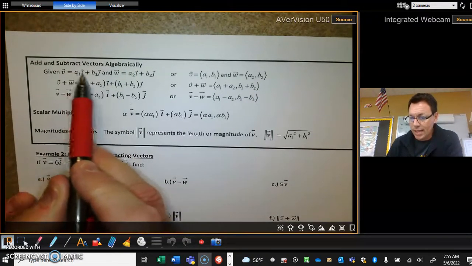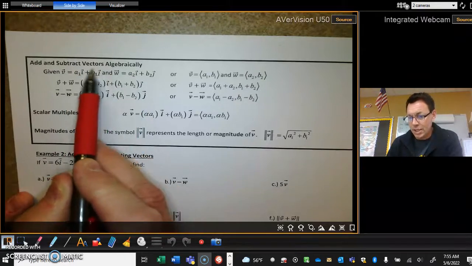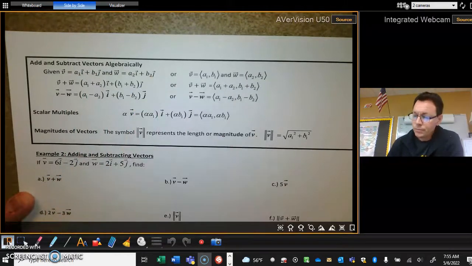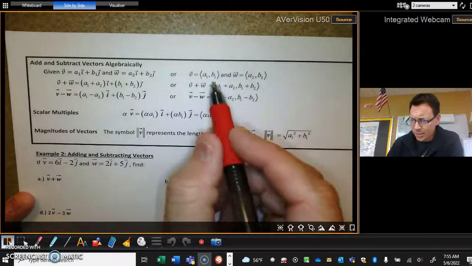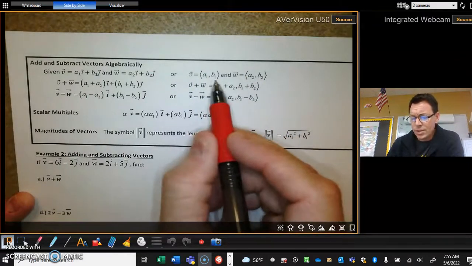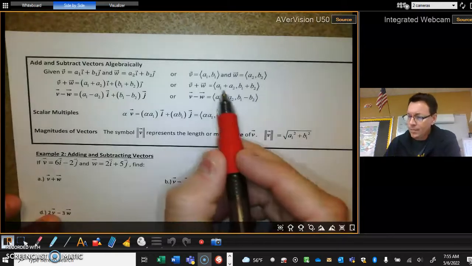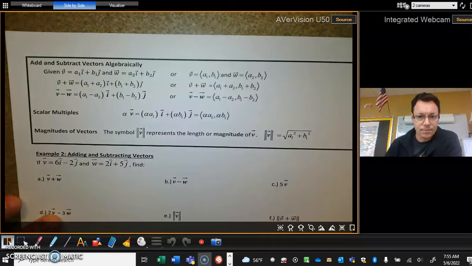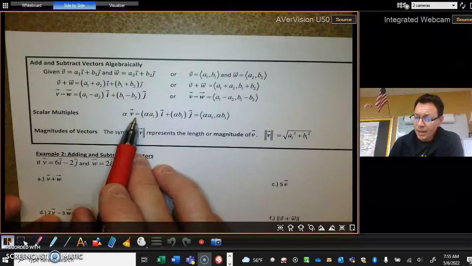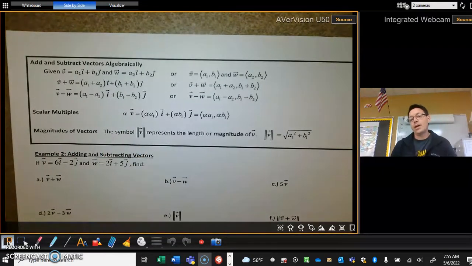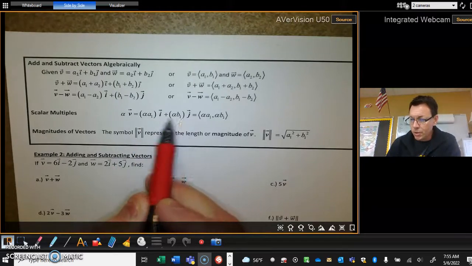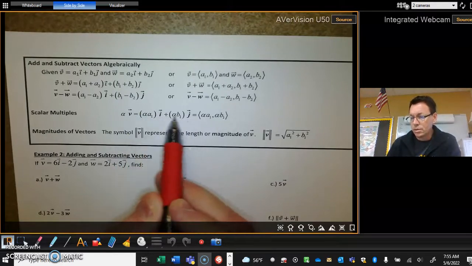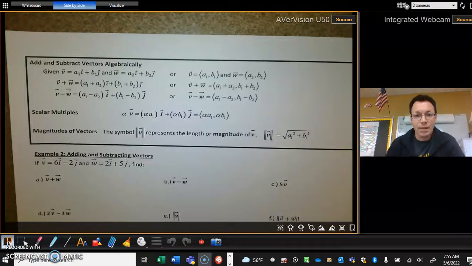You're going to take these i's, subtract these i's, but then you're going to take these j's and subtract these j's. Over here would be an example of writing the vectors in that ordered pair form. Again, if you're going to add vectors, you just add the horizontal components, you add the vertical components, and same with the subtraction. To multiply a vector by a scalar, so yesterday we would have vector v, and then we would draw 2v. Okay, so we would multiply it by 2. Well, all you need to do is make sure you distribute that multiplication, that both your horizontal and vertical components are going to get stretched by that amount.